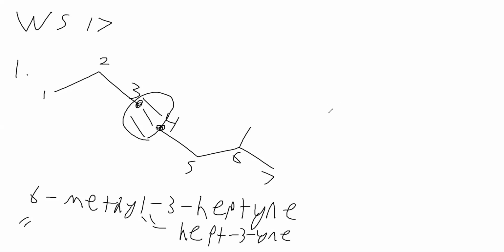And naming it the second way kind of works better if there's a triple bond and a double bond, because then, I'll just make something up. So like this, I'm just gonna name this on the spot.